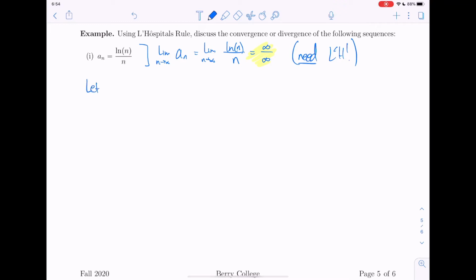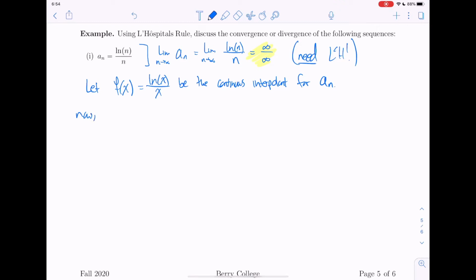We are going to let f of x equal ln of x over x be the continuous interpolant for a sub n.